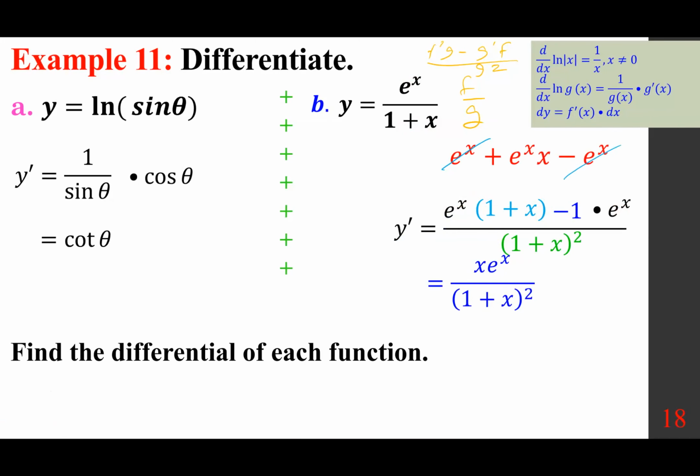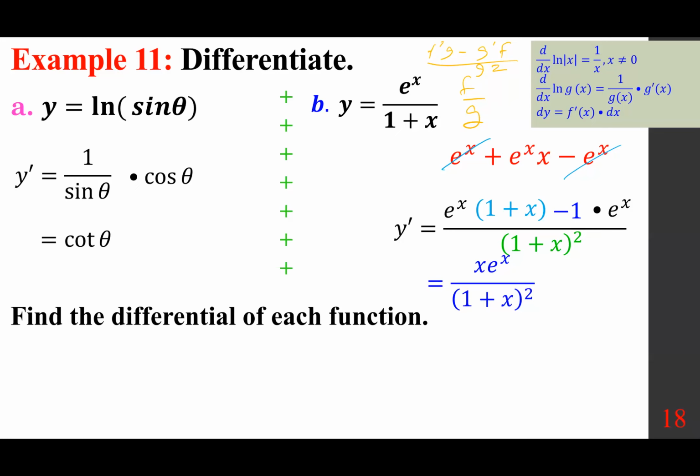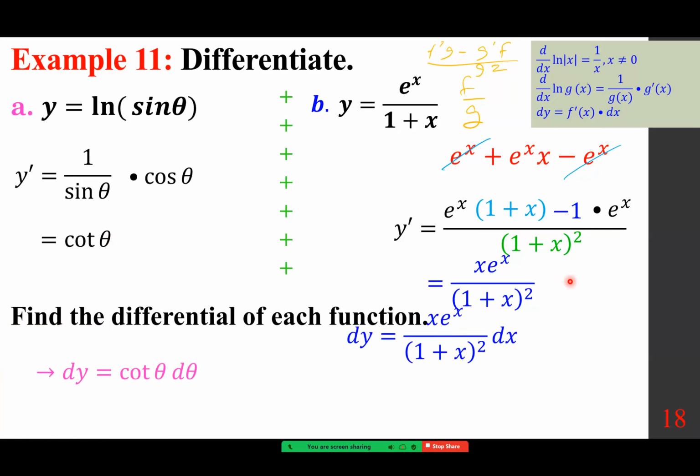But the question is actually, find the differential of each function. Which simply put, you tag along dx. In this case, you tag along d theta. In this case, you tag along dx. Okay.